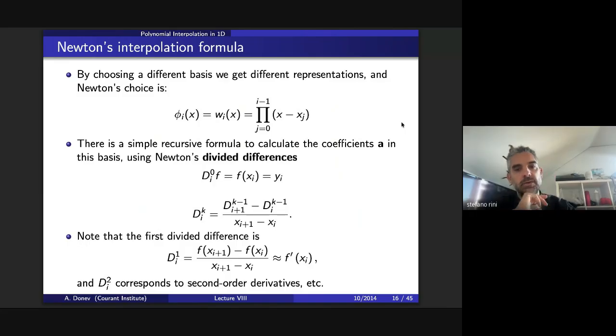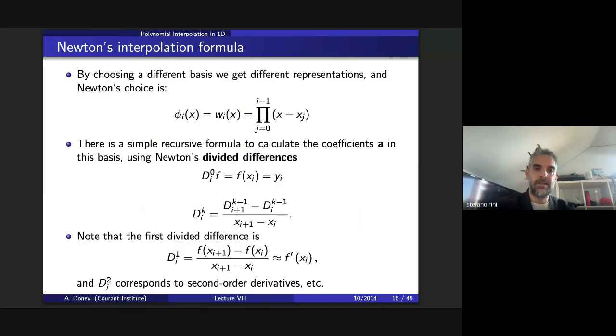The idea that comes from Newton is to have a recursive formula to calculate the coefficients A in the basis. We do the following.